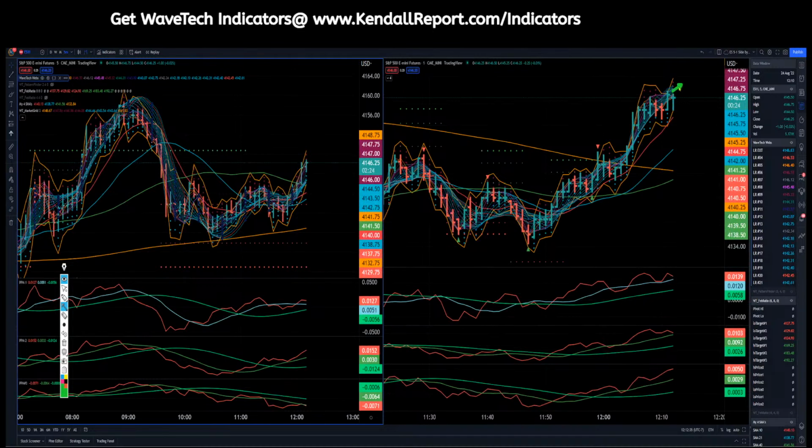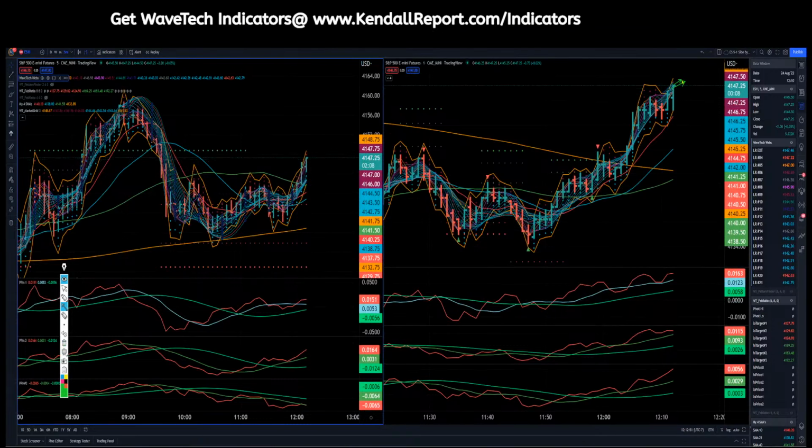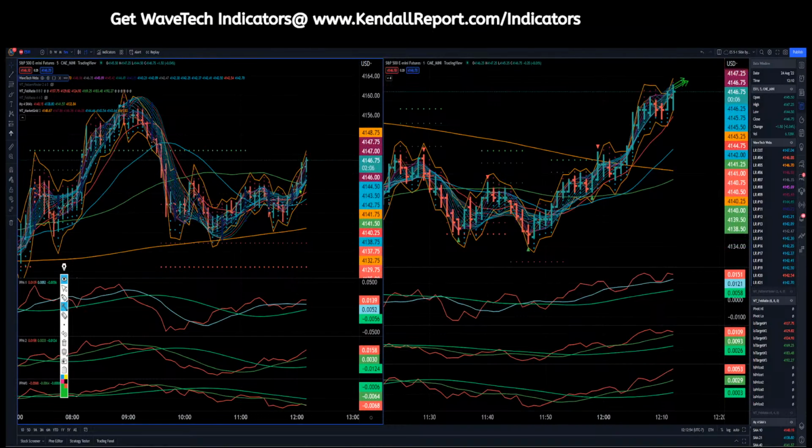But we still have this bias here. You see these webs are still going up, and this is going to draw the markets higher. We've got nice angle of attack here on the webs.